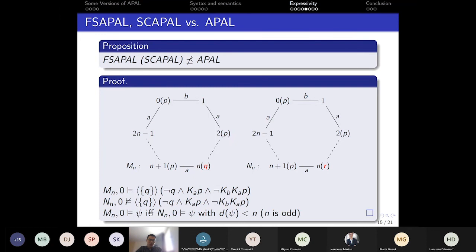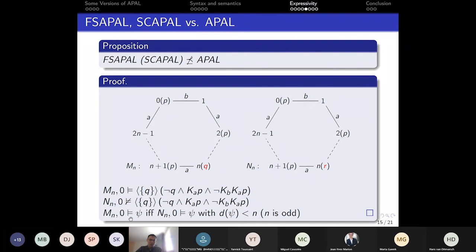And now we suppose psi is a corresponding APAL formula to this FS-APAL formula, and its modal depth is n. Now we can show that this APAL formula psi cannot be true at MN0 and false on NN0.